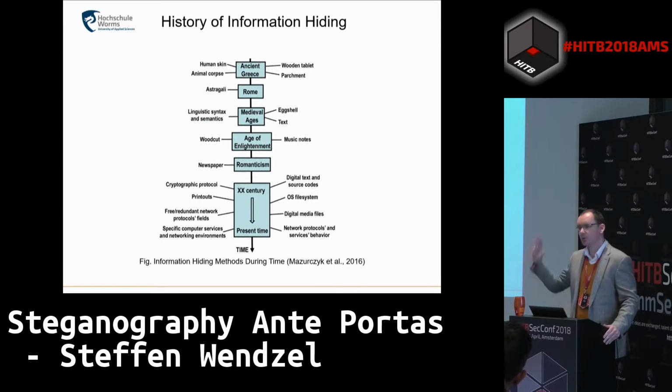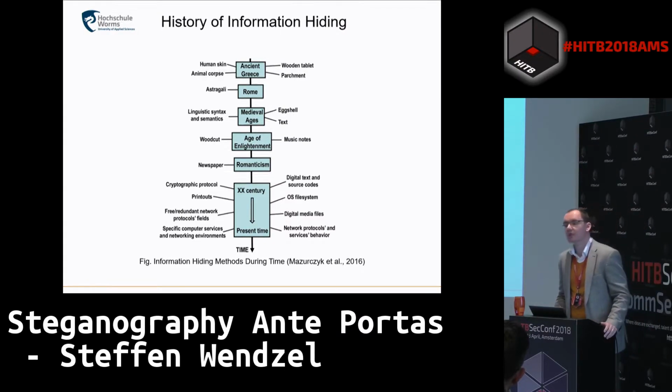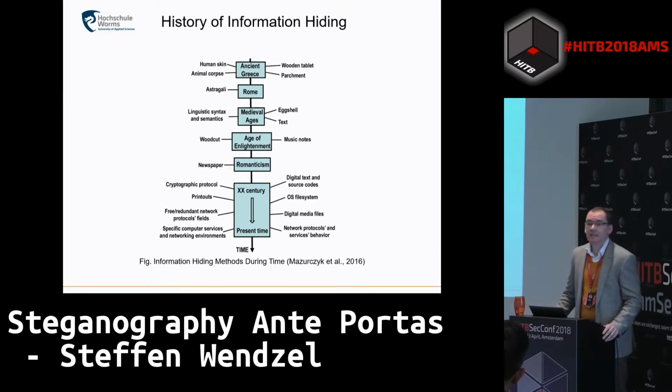During history, I don't go into all these details, but in ancient Greece, development and application of steganography already started. So people were hiding messages on human skin using tattoos. Later they hid data in musical compositions, and during the World Wars, these technologies emerged quite well, and a lot of development time was dedicated to fool the enemies.